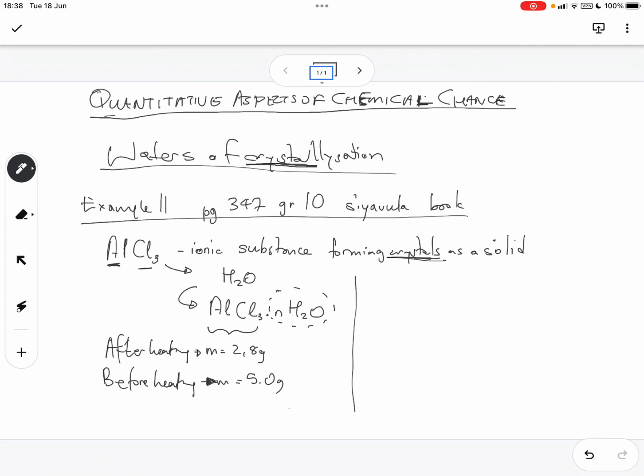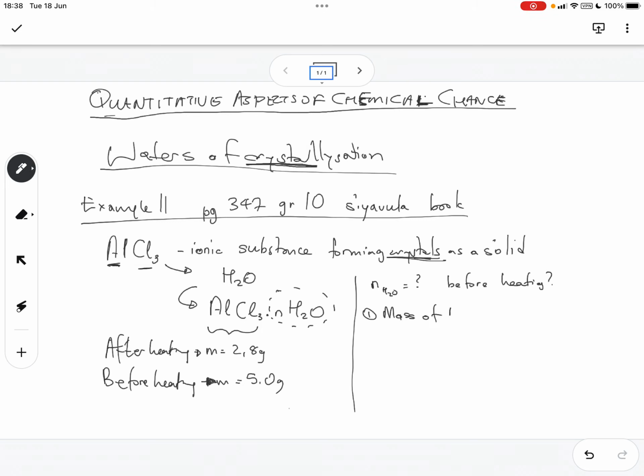So in other words, how many moles of H2O were there before heating? To solve this, we must first find the mass of the water that has evaporated.